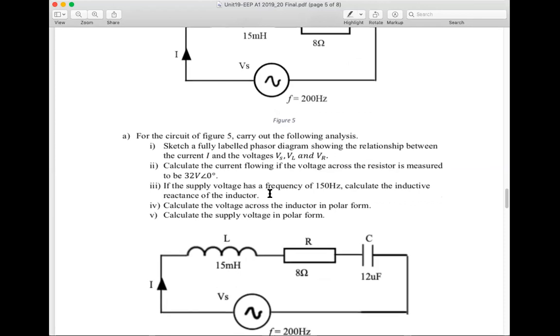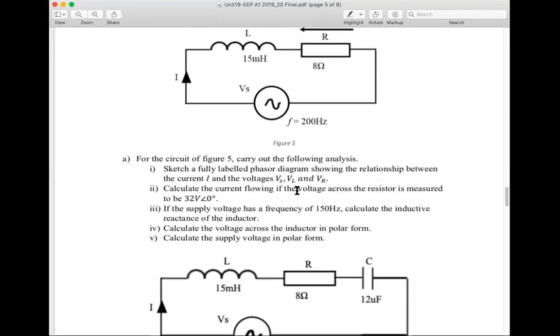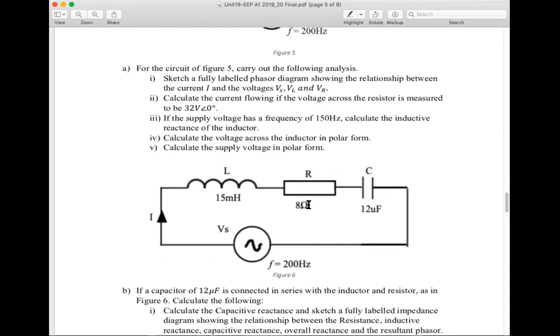The frequency should be 250 hertz or 150 hertz? Which one? 200 hertz, okay. What's on the diagram. I've done it at 150, so do I need to change it? It says 150 in the question.